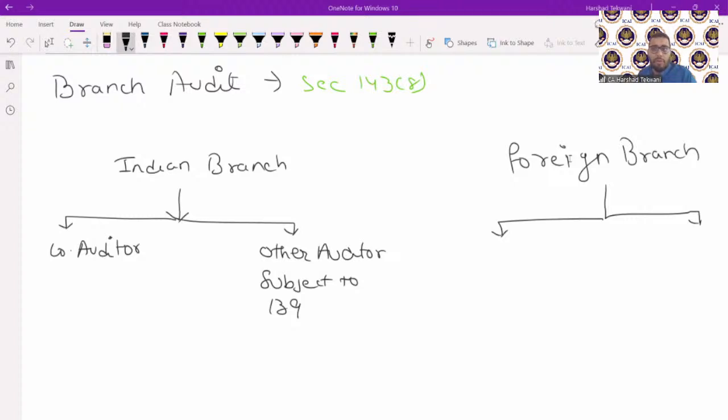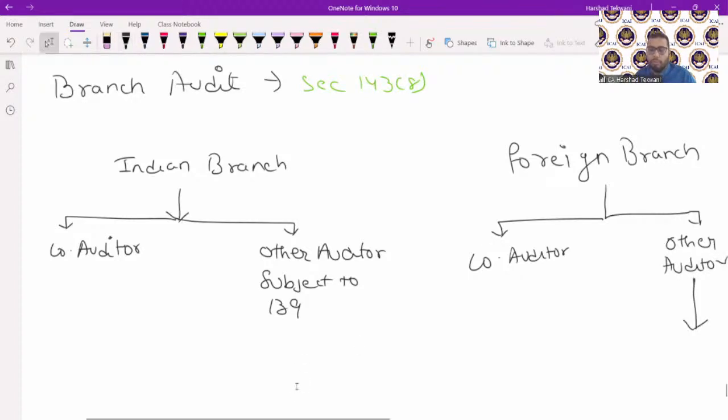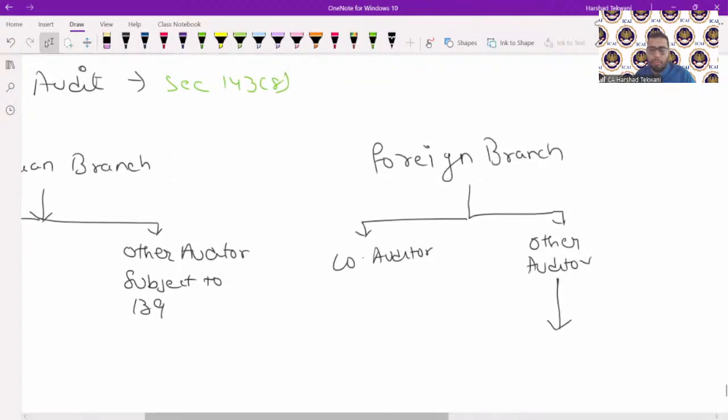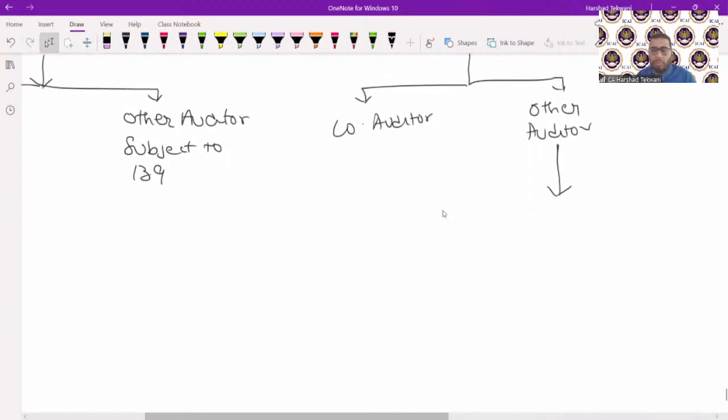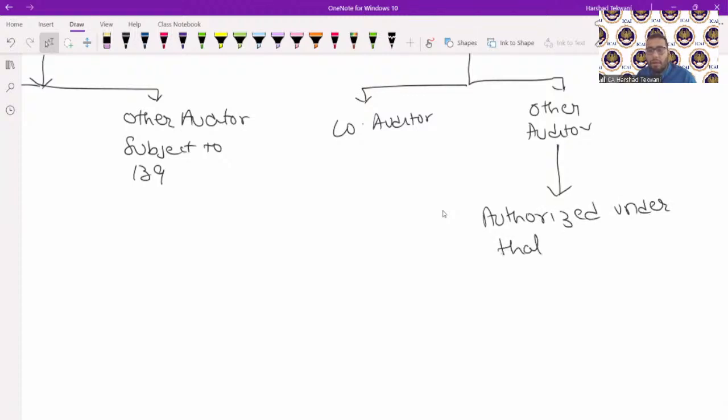Okay, so either our company auditor or another auditor authorized under that country's law.